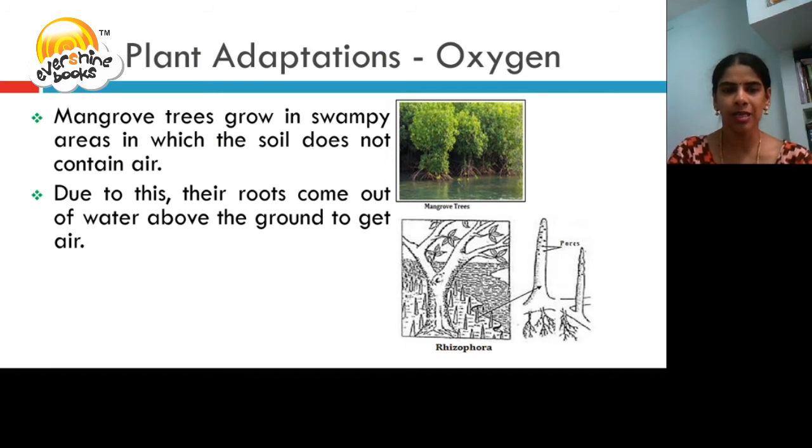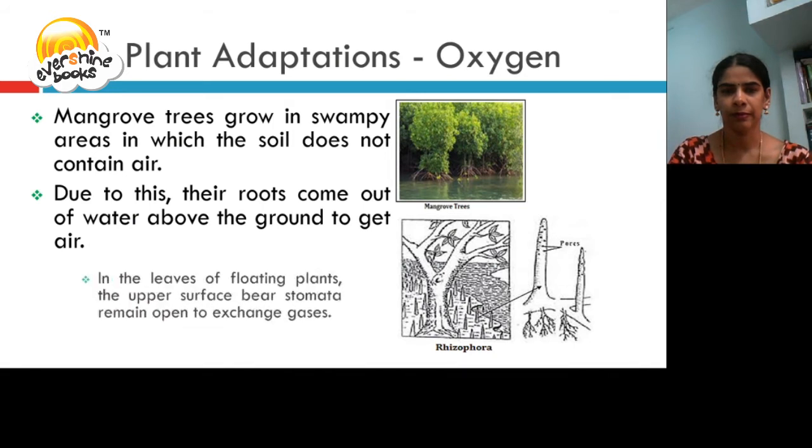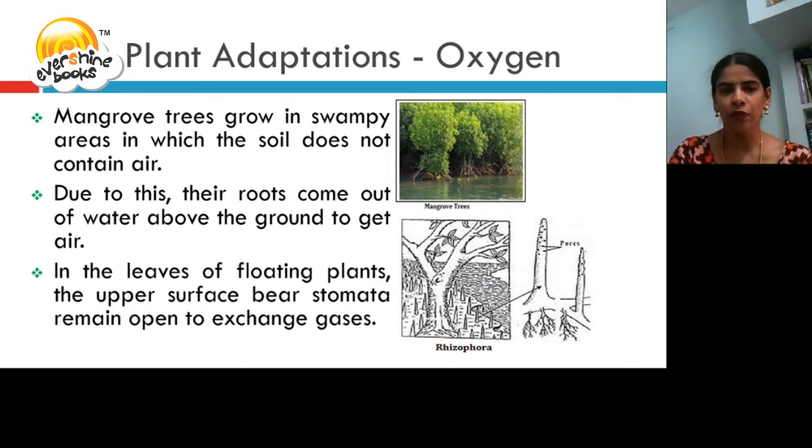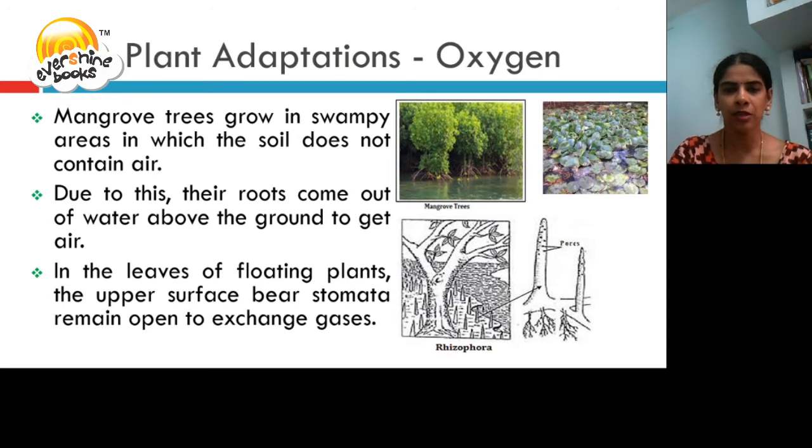This can be seen in Rhizophora. The air can be obtained through the pores present in the roots, as shown in the figure. In the leaves of floating plants, the upper surface bears stomata which remain open to exchange gases.